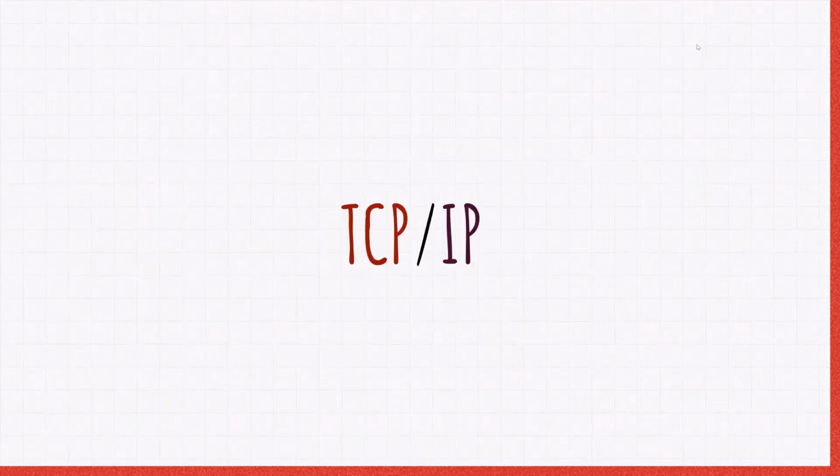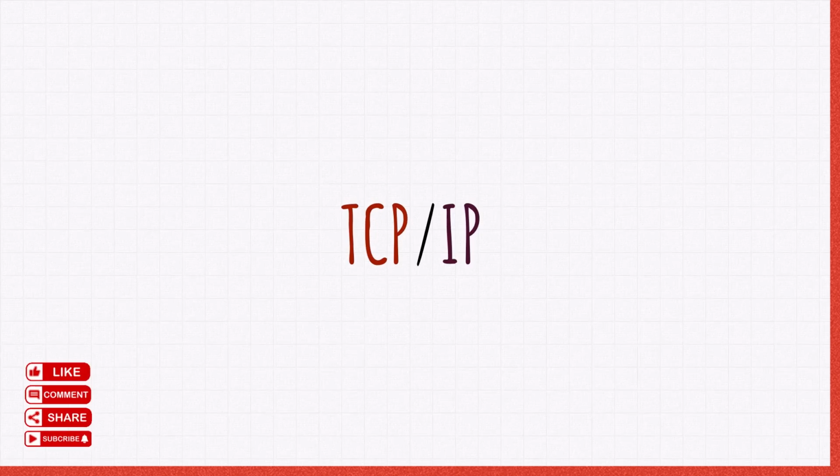Let us first talk about TCP/IP. Now, what is that? Well, TCP/IP stands for Transmission Control Protocol / Internet Protocol and is a suite of communication protocols used to interconnect network devices on the internet.